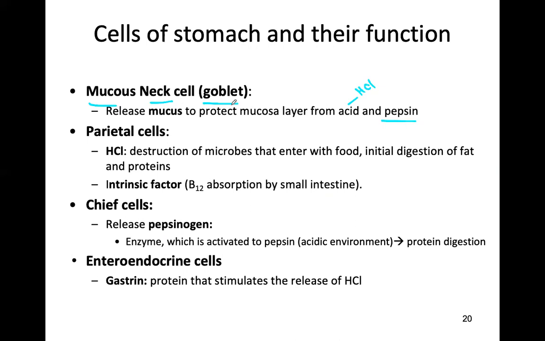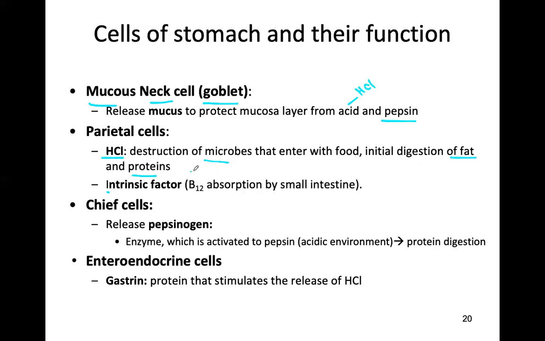You also have a specific type of cells called parietal cells. Parietal cells are responsible for creation of hydrochloric acid. They also produce something called the intrinsic factor. So what is the goal of parietal cells producing these? Two reasons. HCl creates an extremely acidic environment that can destroy a lot of the microbes or pathogens that enter through your digestive system. It also can initiate the digestion of fats and proteins.